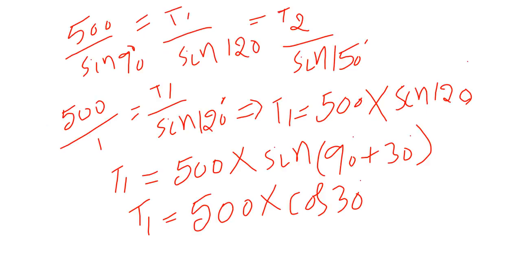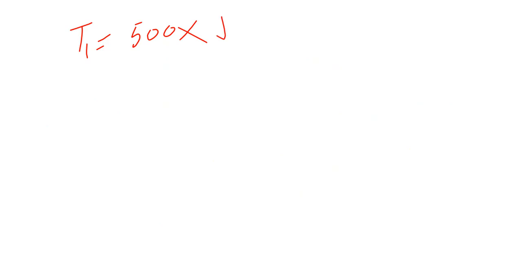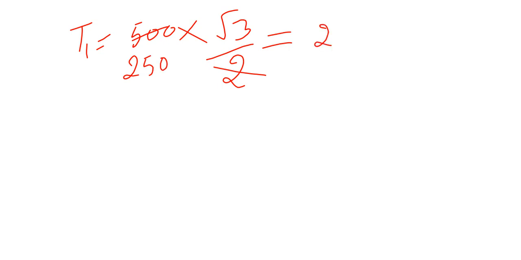So T1 is 500 into the value of cos 30, which is root 3 by 2, that is 250 root 3.